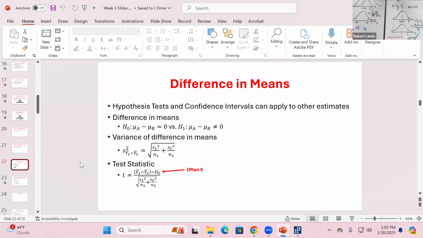It doesn't quite work the same way, because when I take the square root of the sum of something, that doesn't cancel out. So I can't rewrite this sample difference standard deviation the same way I would for one population, just by the law of what a square root is. Is that what you were asking? Yeah. Sometimes in the slides I might even use this format, and we'll see why from our Stata output.